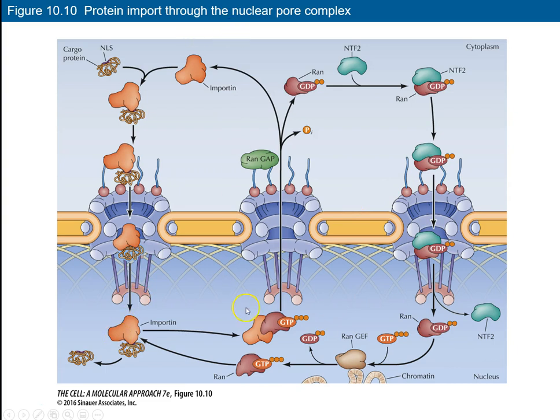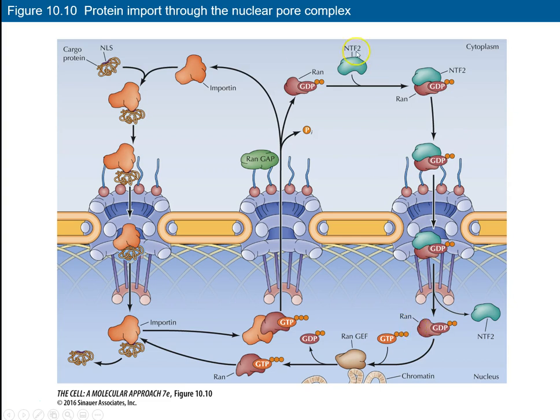You can break it down to three main components of things that are happening here. The importin binding the cargo protein and bringing it in. Then this RAN GTP binding to the importin and bringing that out. And then that RAN GTP got converted to RAN GDP, and now it binds to the NTF2 and gets back in.